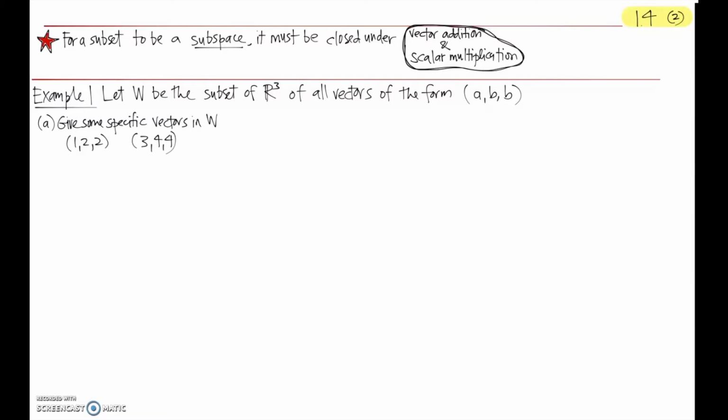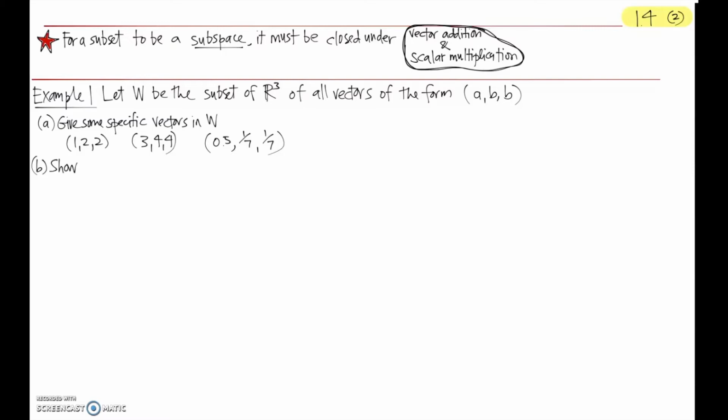Just any real number. It could be 0.5 and 1/7, 1/7. Just the second and third elements have to be the same number, and that's the only qualification. Okay. The second thing we're asked to do is the big thing.